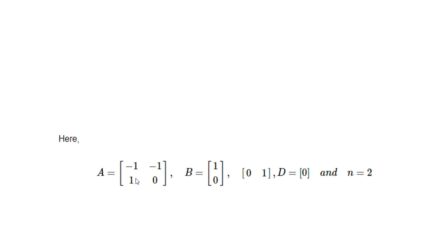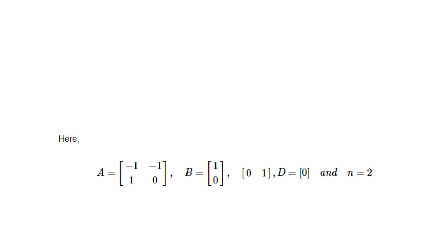We have to find the transpose of these. We have to convert this A into its transpose matrix, AT. Similarly, we have to convert this C matrix into its transpose, CT. Let's convert the first one, A into AT. We just convert the rows to columns and columns to rows, and that will be the transpose matrix.